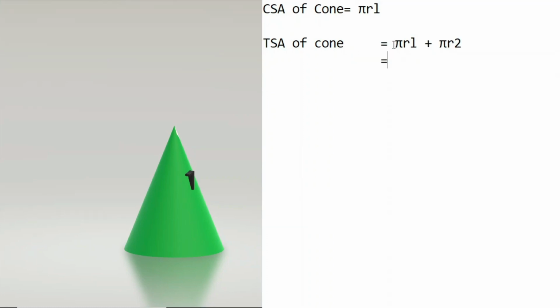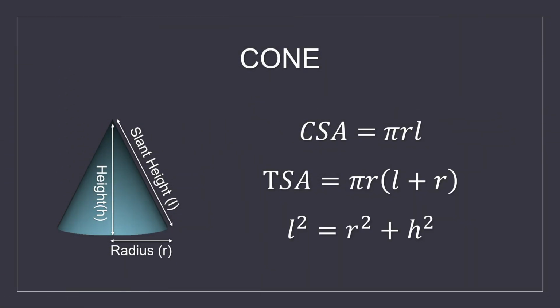So here we have pi r as common, right? Pi r in this and pi r square. So we will take pi r common. In the first term we will have L and in the second term we will have r. So the total surface area of a cone will be pi r (L plus r), right? Pi r (L plus r).